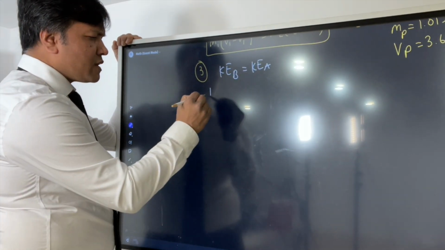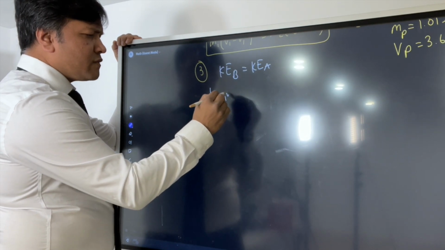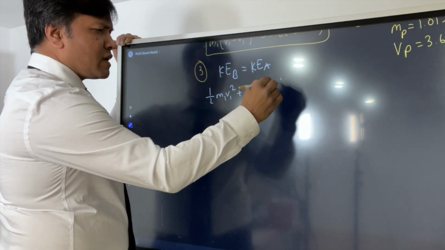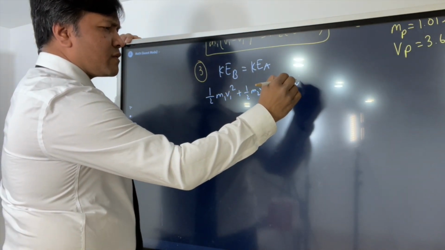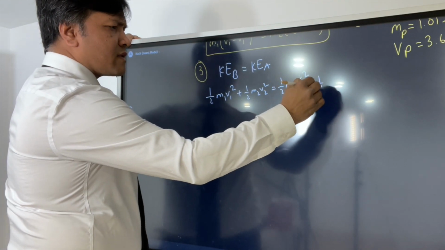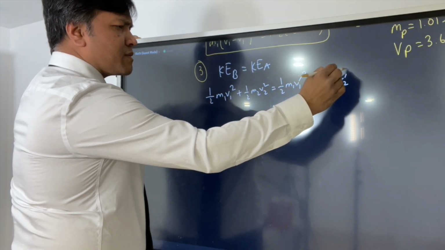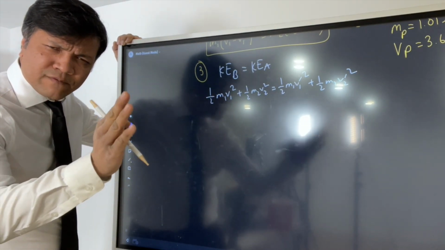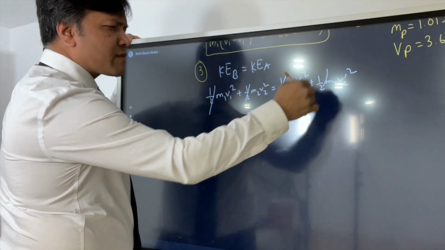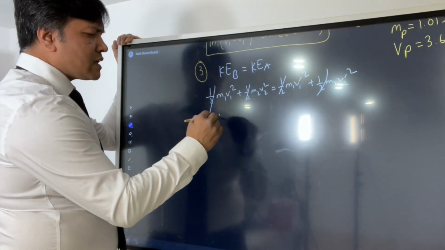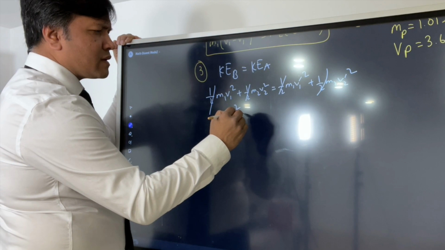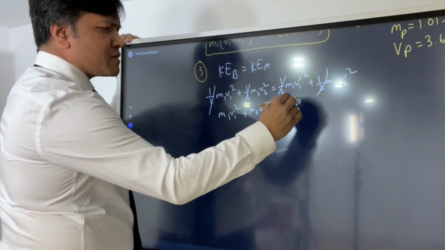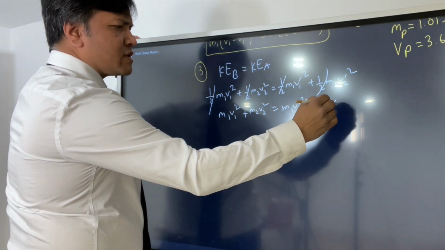All right, so half m1 v1 squared plus half m2 v2 squared is equal to half m1 v1 prime squared plus half m2 v2 prime squared. All right, now all the halves cancel. So you're left with m1 v1 squared plus m2 v2 squared is equal to m1 v1 prime squared plus m2 v2 prime squared.